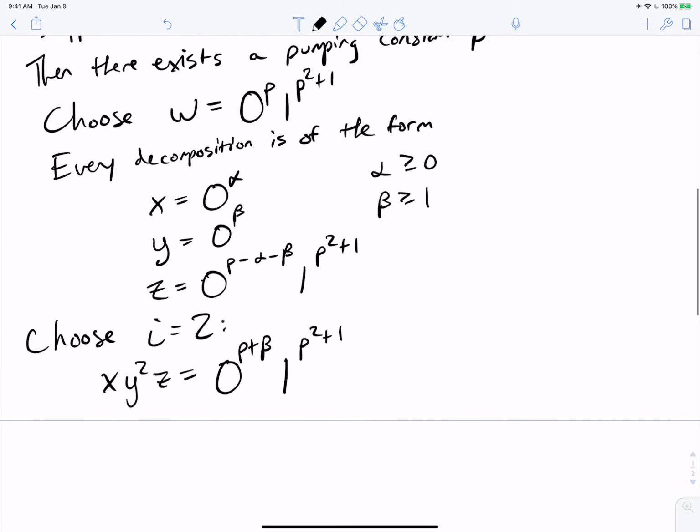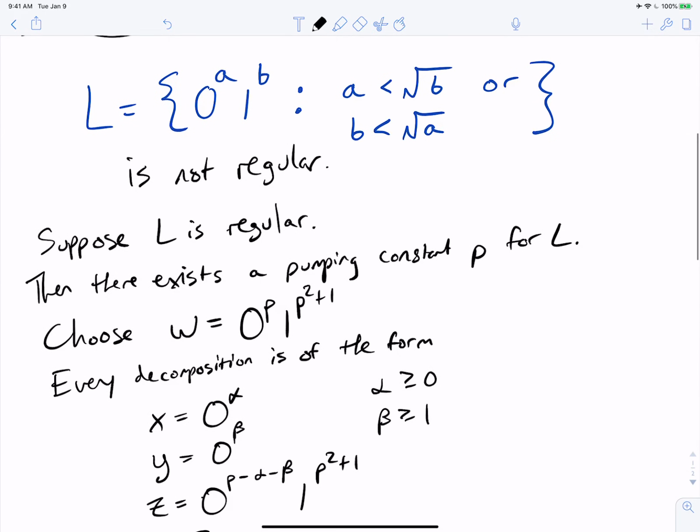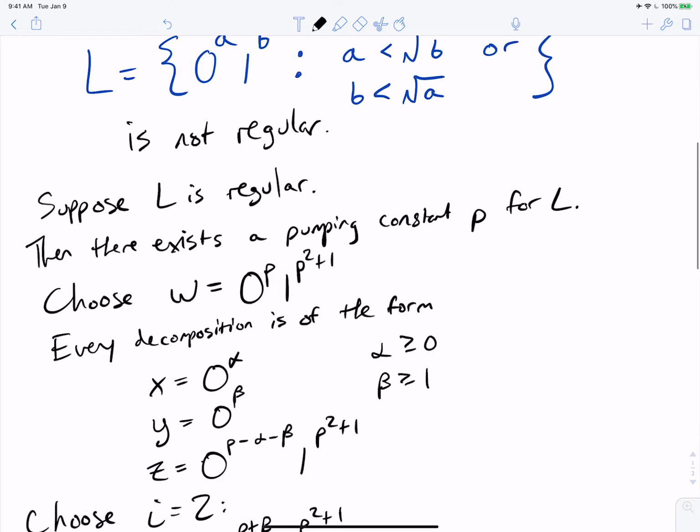Here's a pro tip. Whenever you see for some language "something or something else," you have to check both conditions. You need to be able to show that both conditions are not true anymore.